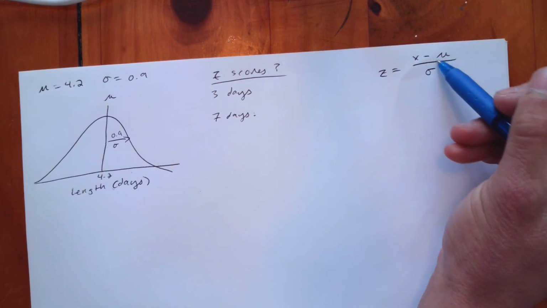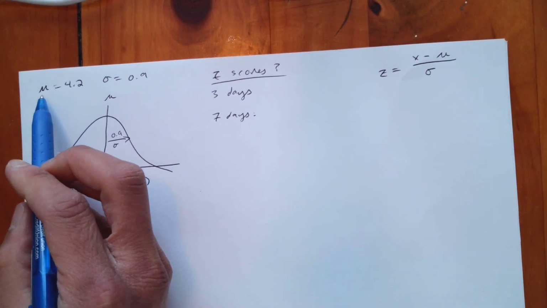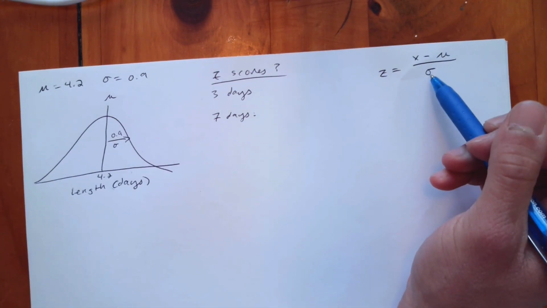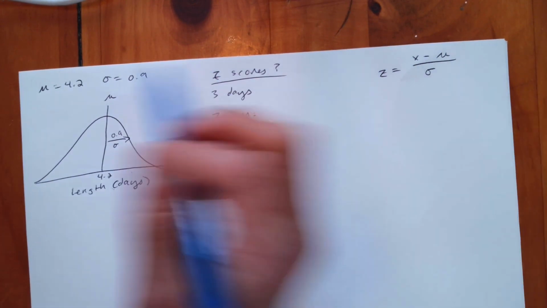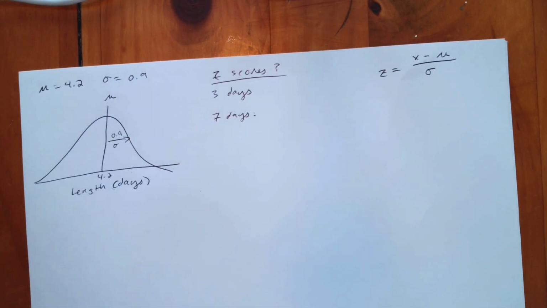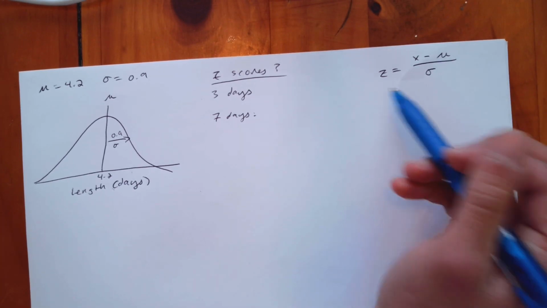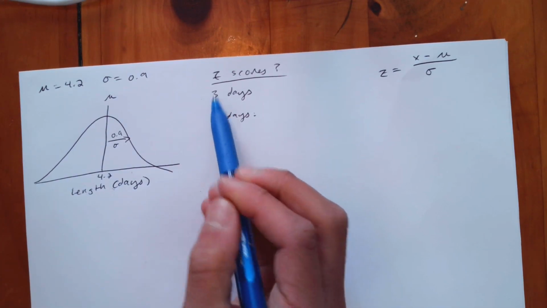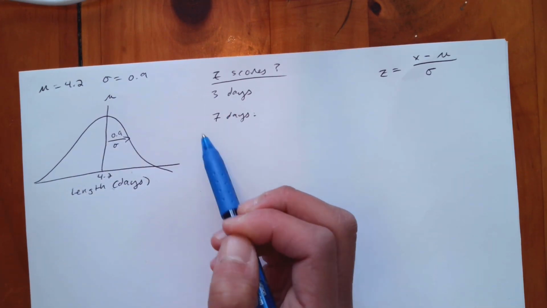So here our population mean, this Greek letter mu, corresponds to our population mean of 4.2, and our population standard deviation of sigma corresponds to our population standard deviation here of 0.9. So again, recap from last week, what this z-score will allow us to do is tell us how far off from our population mean each of these values is.